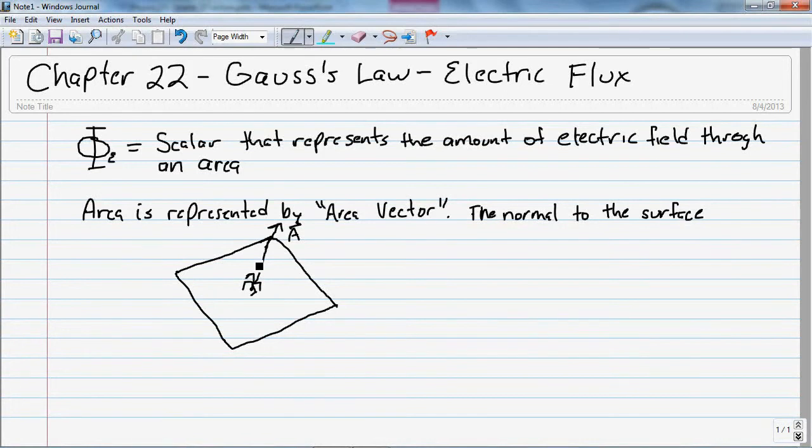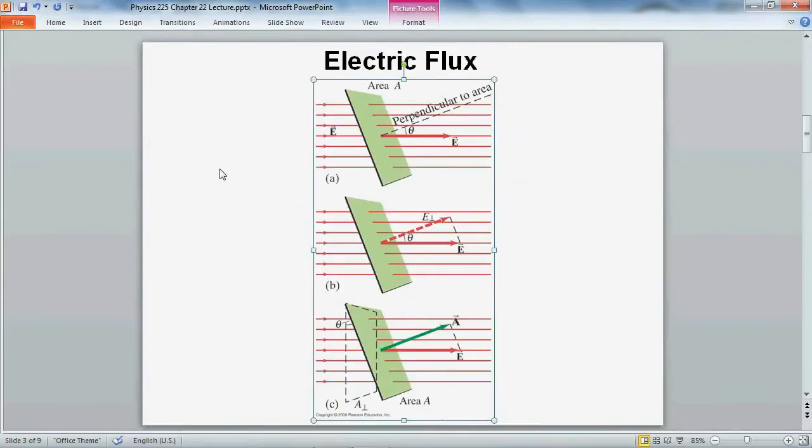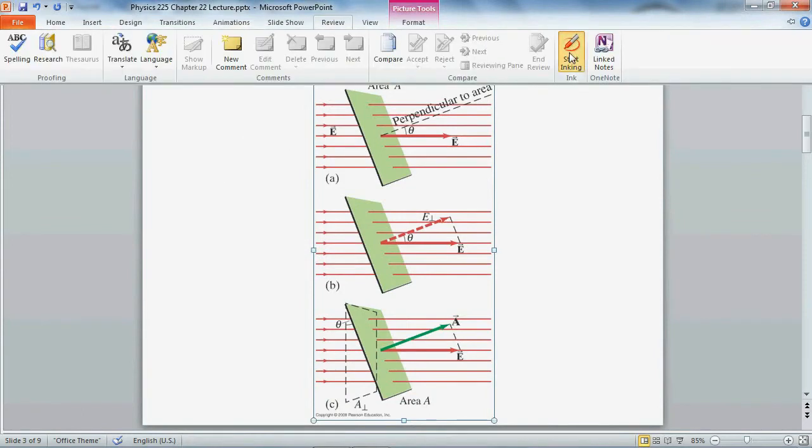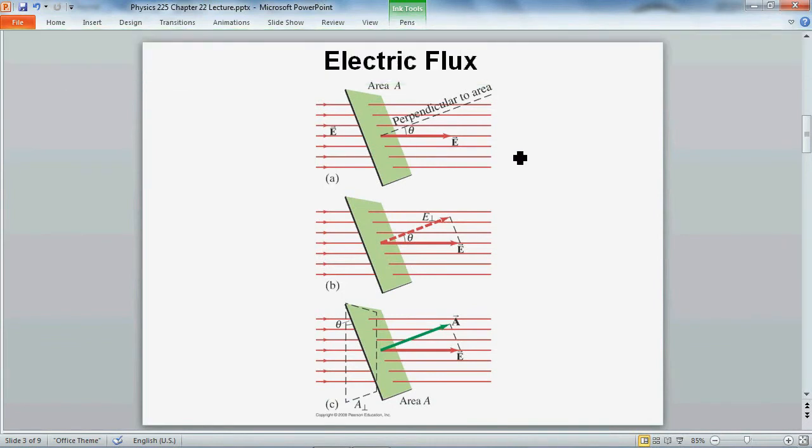So with this concept, let's look at how the flux is calculated. Here in the top picture, we have the area A, this plane, and we have an electric field going through it. Well, this plane is at an angle. So you have the electric field coming through this plane, but there's this angle here.